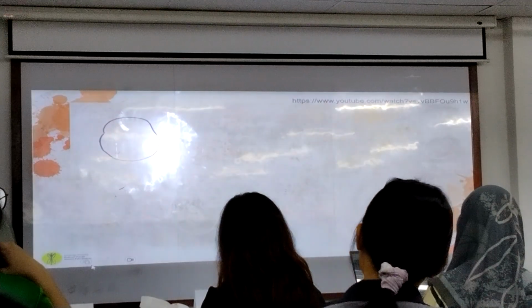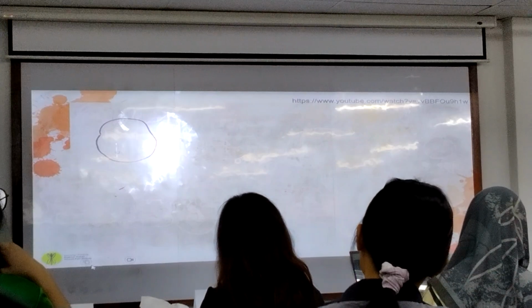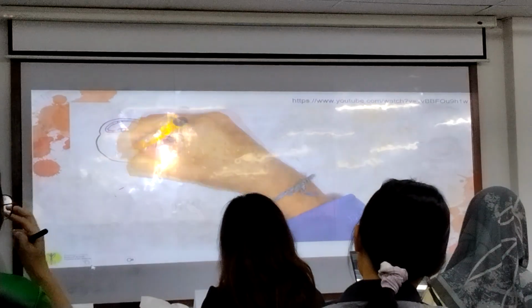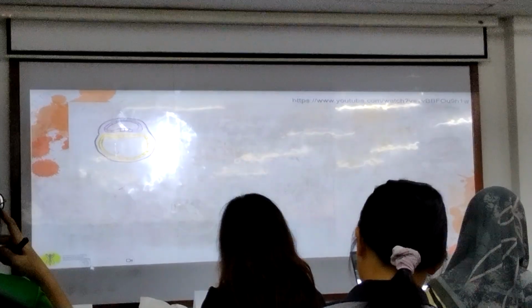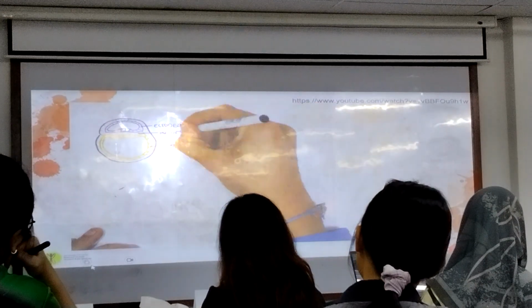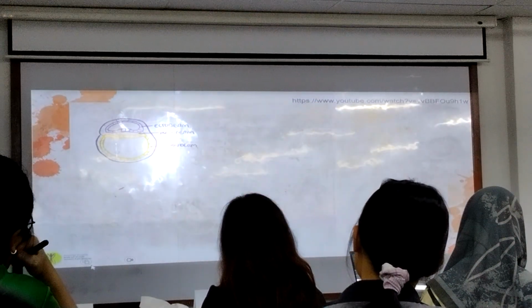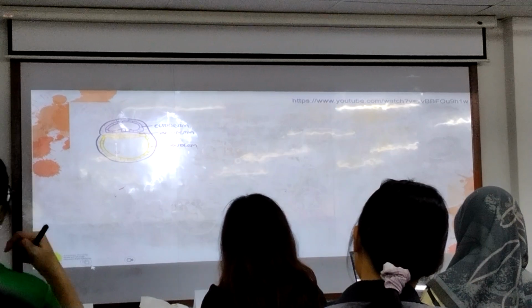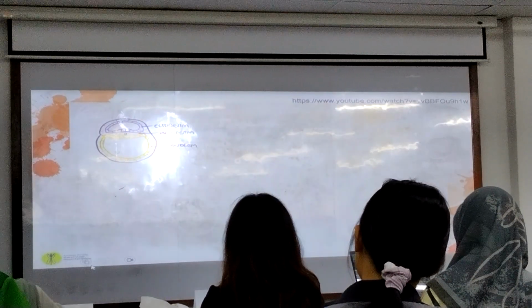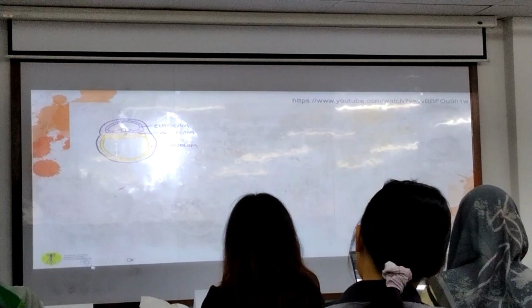Now, here is a cross-section of the embryo, and there are 3 important layers to it. These are the ectoderm, mesoderm, and endoderm, and they form early in development. The major event of the 3rd week of development is gastrulation.